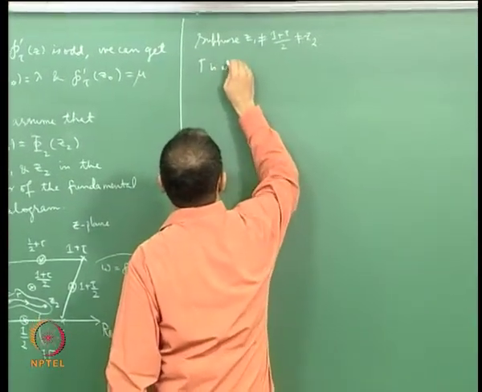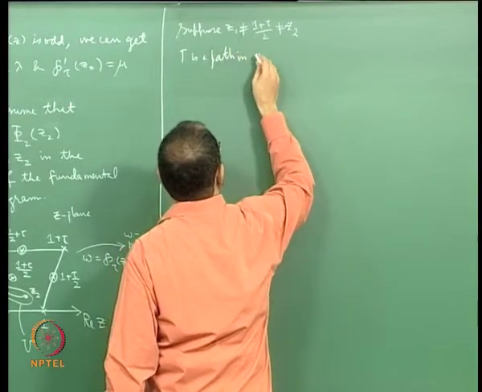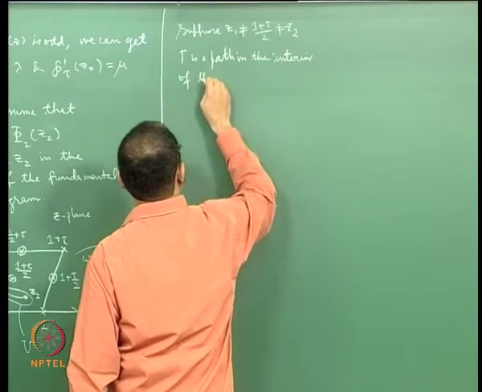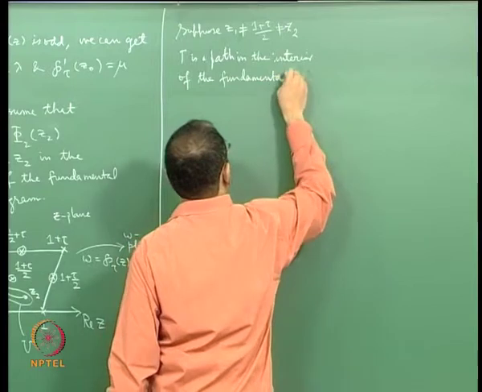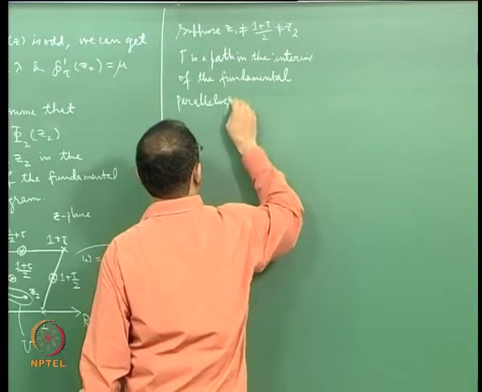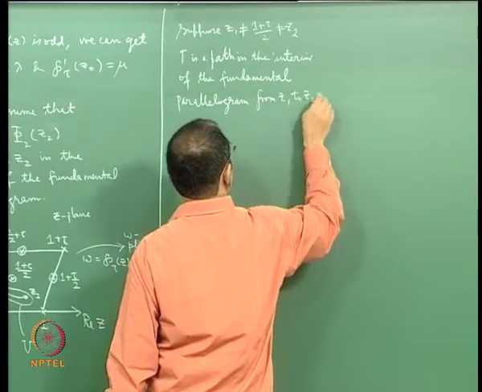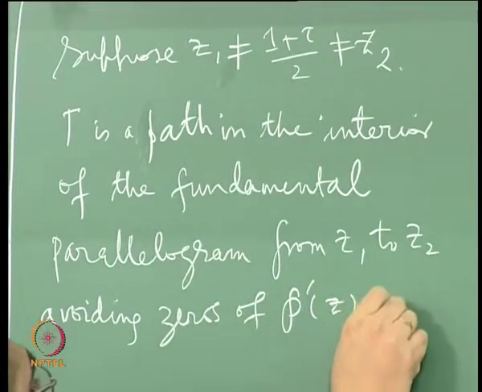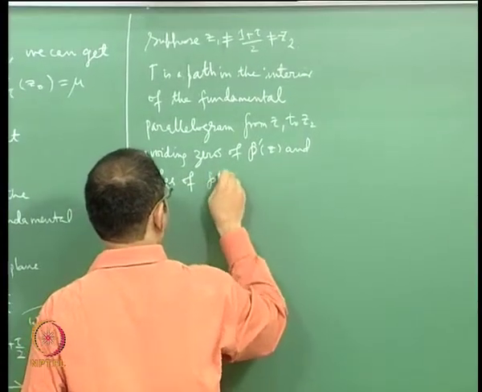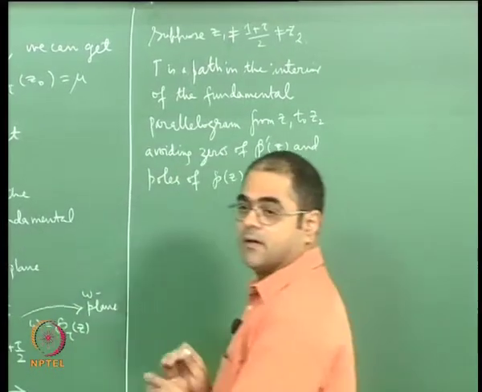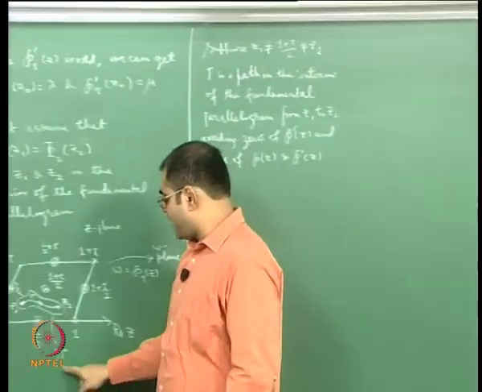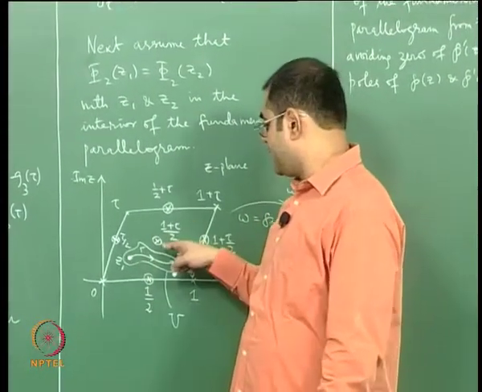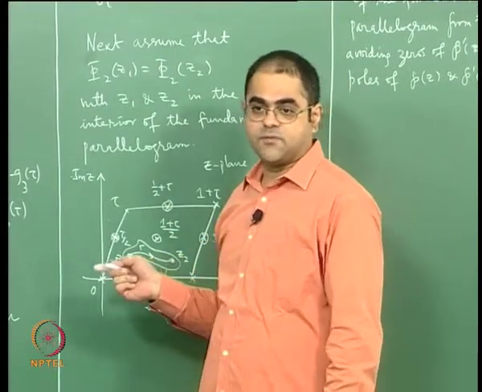So gamma is a path in the interior of the fundamental parallelogram from Z1 to Z2, avoiding zeros of phi prime of Z and poles of phi of Z and phi prime of Z. And of course you can find u, a simply connected neighborhood of gamma, also avoiding the poles of phi and phi prime and the zeros of phi prime, okay.